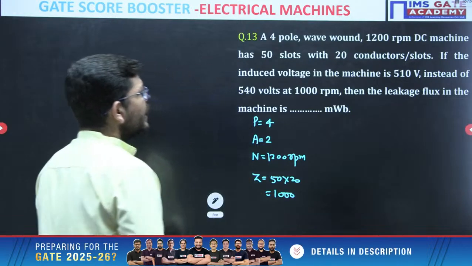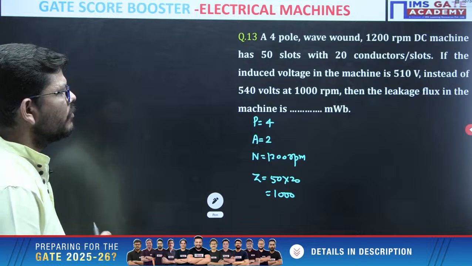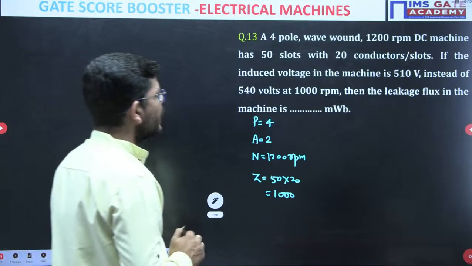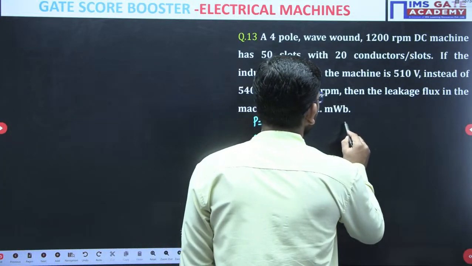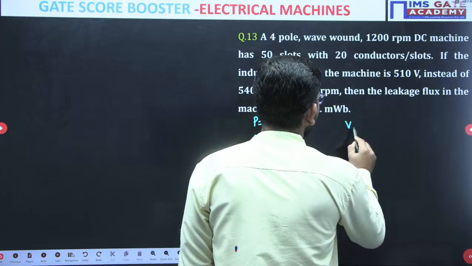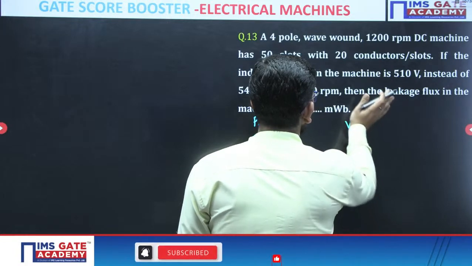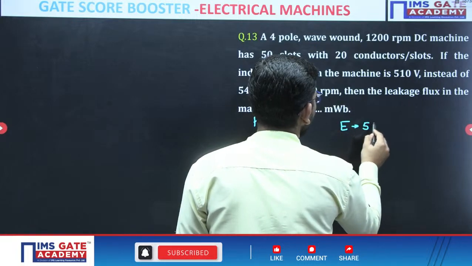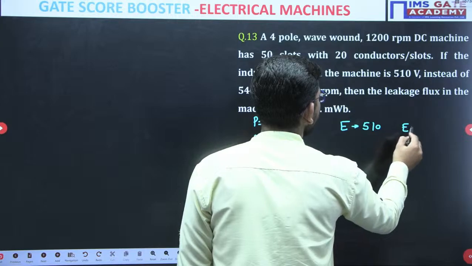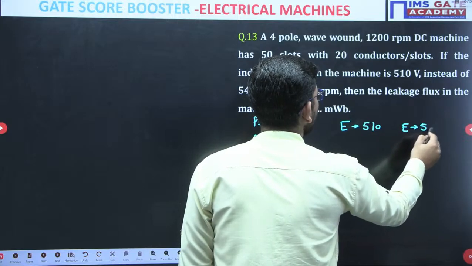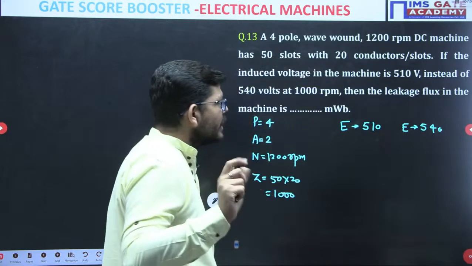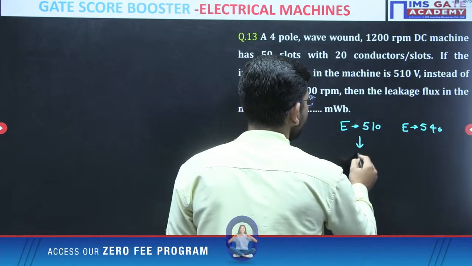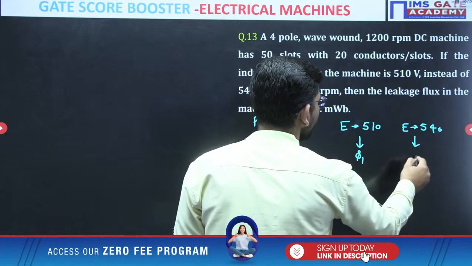Now if the induced voltage in the machine is 510 volt instead of 540 volt, so in one case the induced voltage is 510, in the other case it is 540, then the leakage flux will be, at that time the flux was phi1, at that time the flux was phi2.